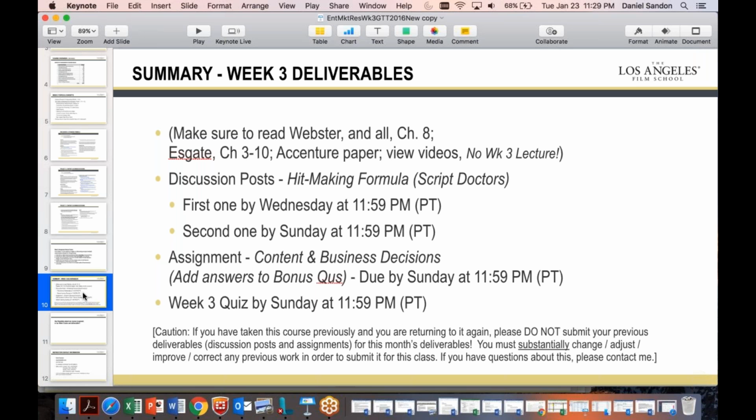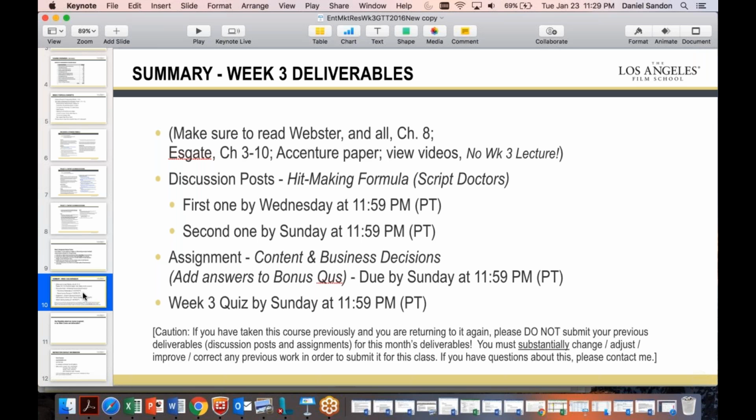If it's late, every day that it's late, we subtract points, okay? On your second post, your response post cannot be late. You can't submit it after the due date. We won't accept it after the due date, so make sure you get it in by Sunday night or before that if possible. Your assignment, same thing.